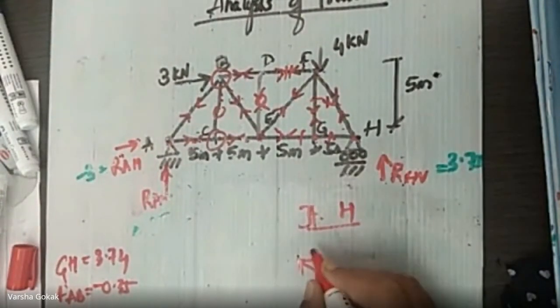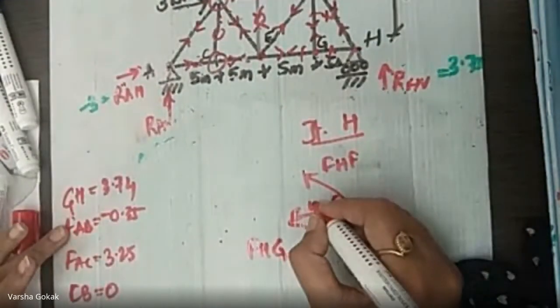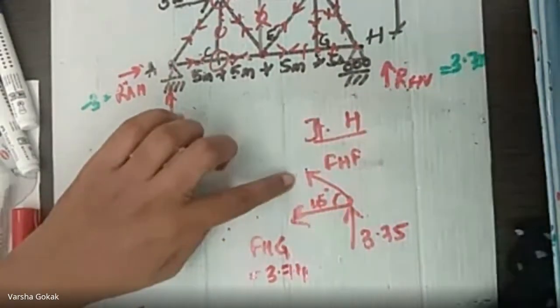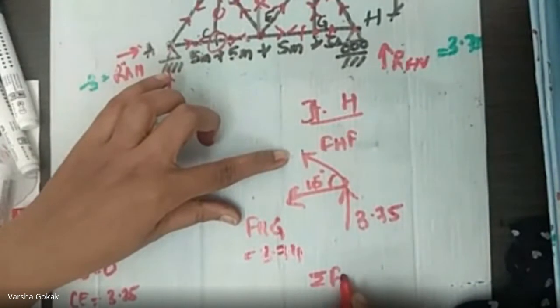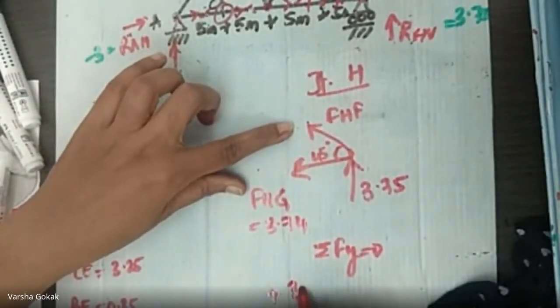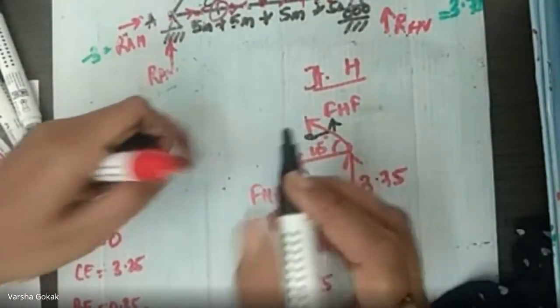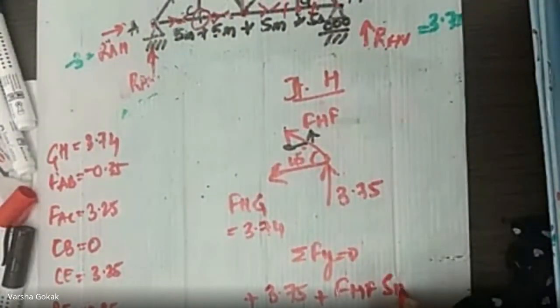So when I draw joint H, this is your vertical reaction, 3.75, correct? This is F_HF and this is F_HG. So it is like this now, and this is 45. We know this value, F_HG or GH is 3.74. Only this is unknown. So we will take summation F_y equal to 0. So plus 3.75 upward, and this when I resolve, it is plus F_HF sine of 45. Nothing else is there, equal to 0.